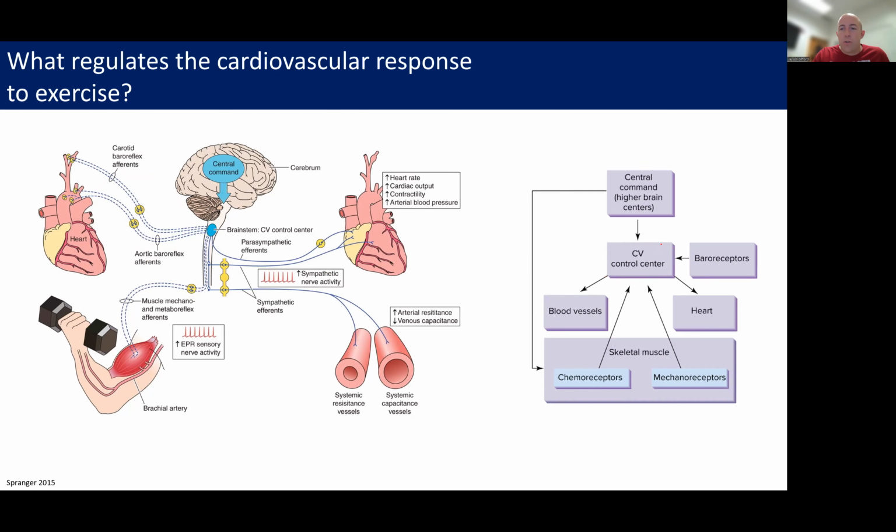So our cardiovascular control center, what we'll see, you're getting influence from a couple of main areas. You'll have information coming from baroreceptors or pressure sensors in the heart, or in the arteries and in the heart. You'll have information coming from chemo and mechanoreceptors in the muscle, and you'll have information coming from the brain.